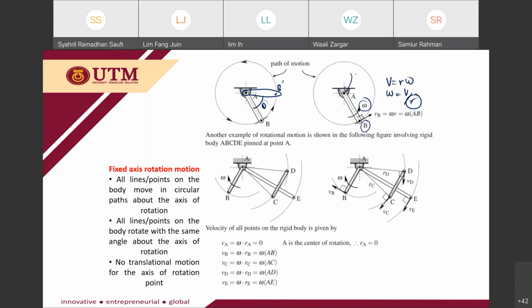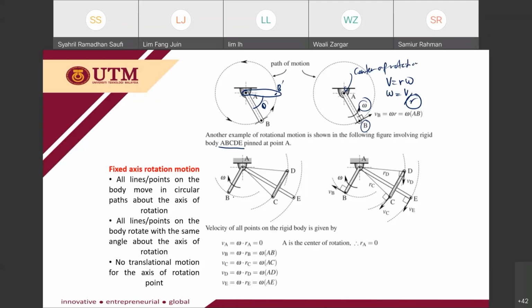So this is the center of rotation. This R is calculated from the center of rotation to the point at which we want to calculate the velocity.